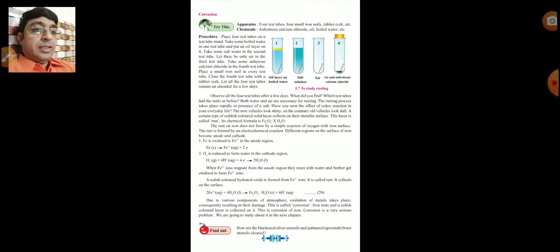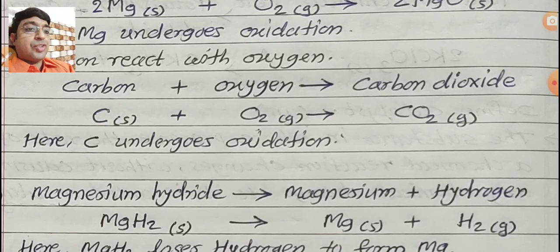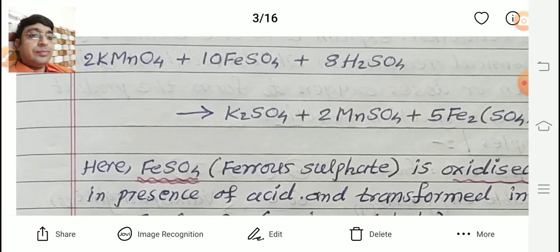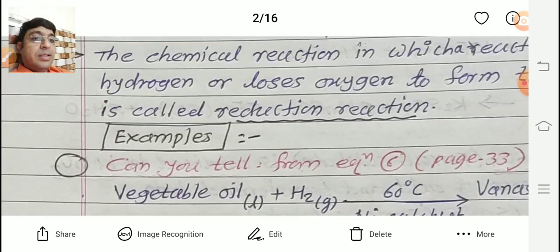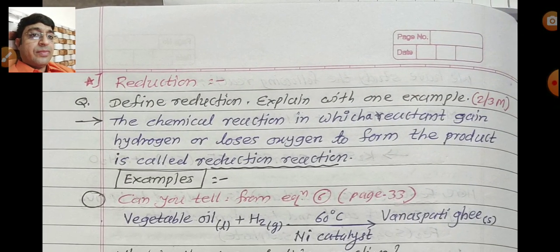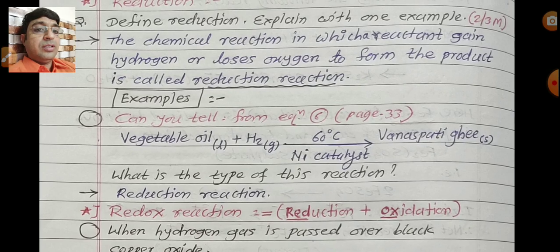See, is there any information given on the separate page? We are checking first. Okay, this reaction is already explained. So the question is asked this way, check. Define reduction, explain with one example. So you write down the definition.